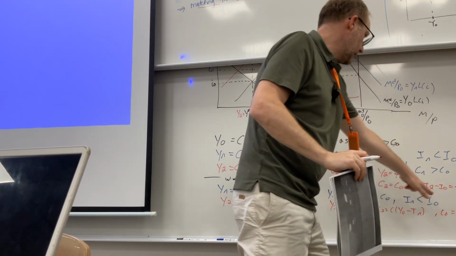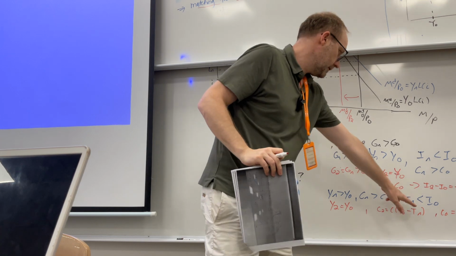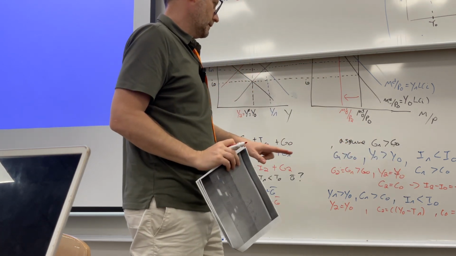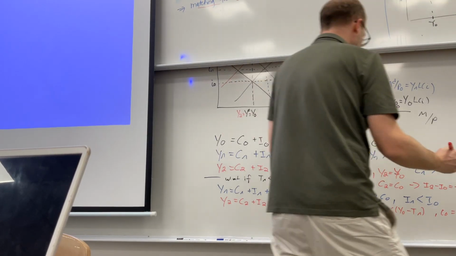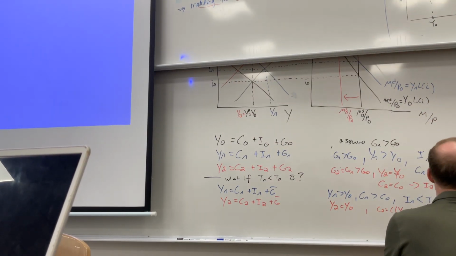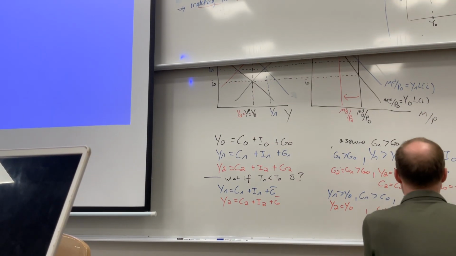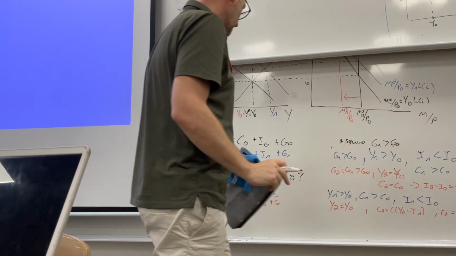So they're only different in terms of the taxes. Taxes went down, so C2 must be higher than C0.